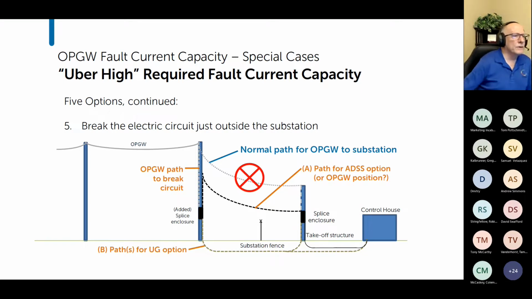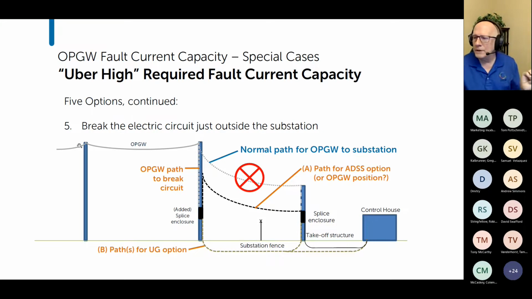And your last solution, and I don't like this one. I'm going to preface this with I don't like it. I can't explain exactly why. I did have a thought this morning, but it hasn't fully come to fruition in my mind. But I'm going to talk about it because I see some utilities do it, and that's break the circuit just outside the substation.